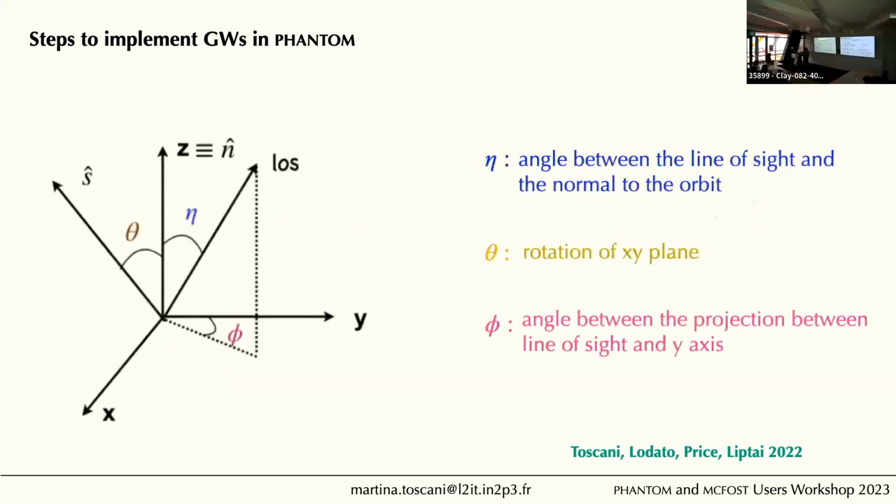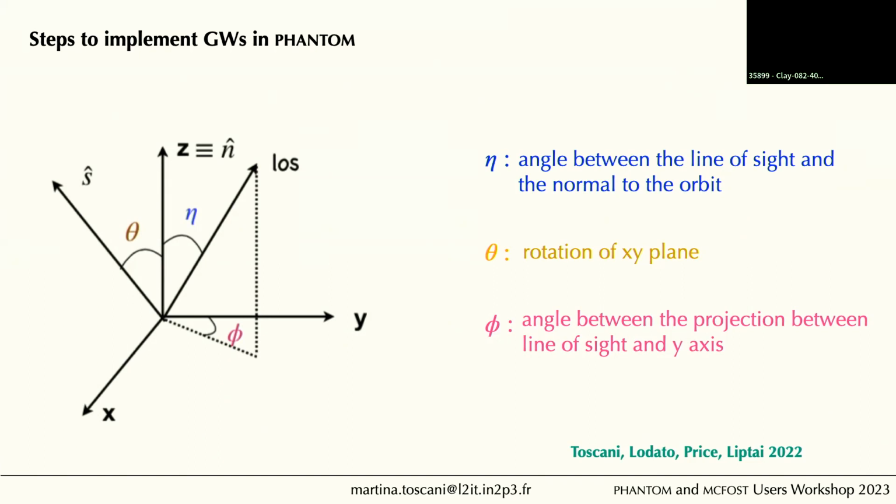But in order to do this, we also need to define three angles. One angle is actually the rotation of the XY plane. Another angle is telling us how we look at the system. So basically it's the angle between the line of sight and the normal to the orbit. And the third angle is the angle between the projection of the line of sight on the XY plane and the Y axis.